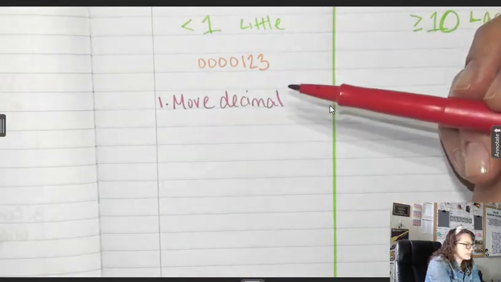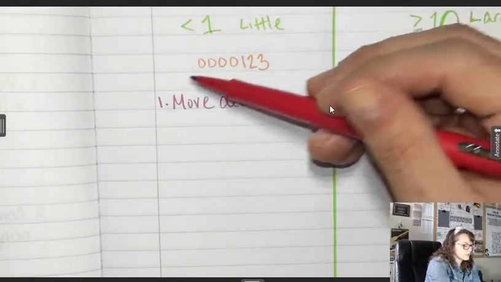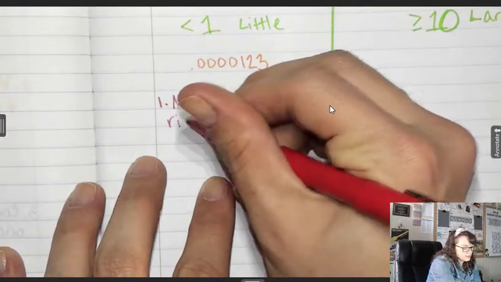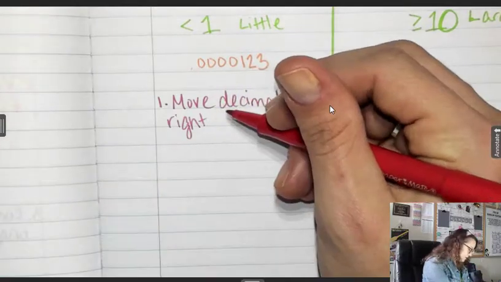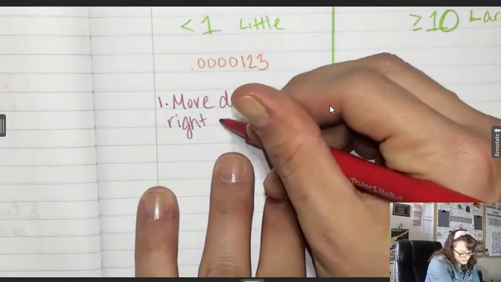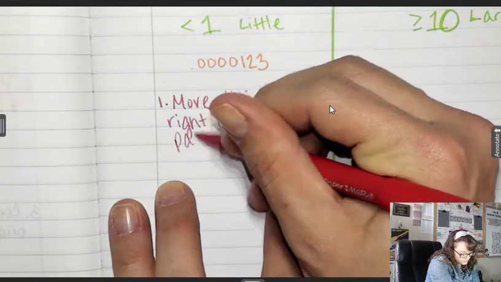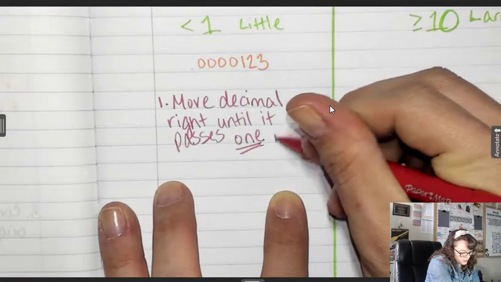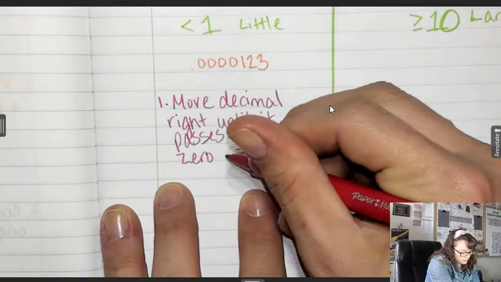If I need it to be a digit, decimal, digit, do I need to move my decimal right or left? Right. Move my decimal right until it passes one non-zero number.